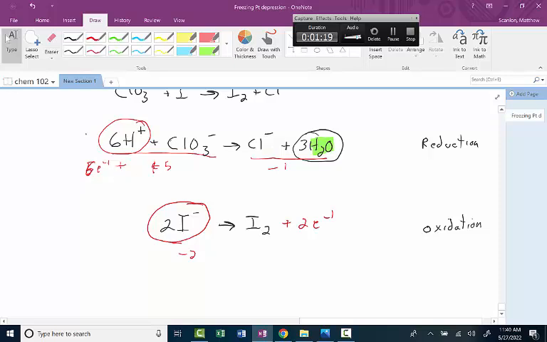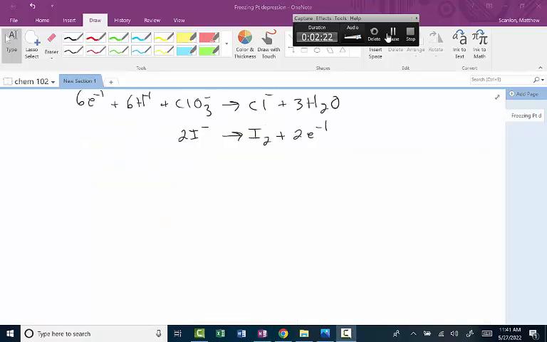So if I add 6 electrons here, that will give me -6 on the left and +6, that's 0, and a -1, that's -1 on the left, and then a -1 on the right. So I'll rewrite. So there I have my 2 balanced half reactions.